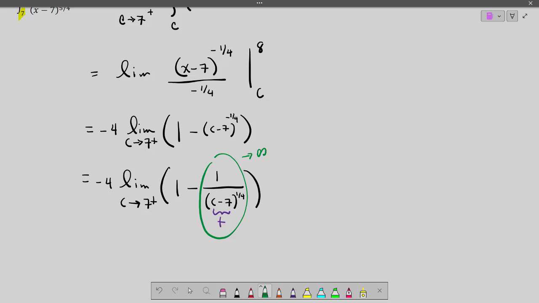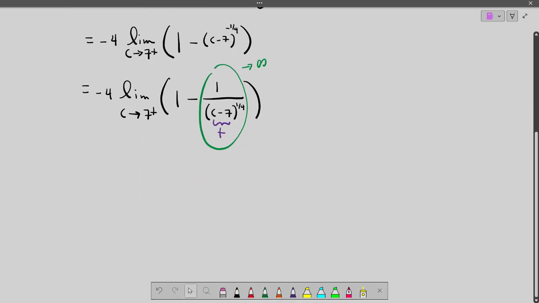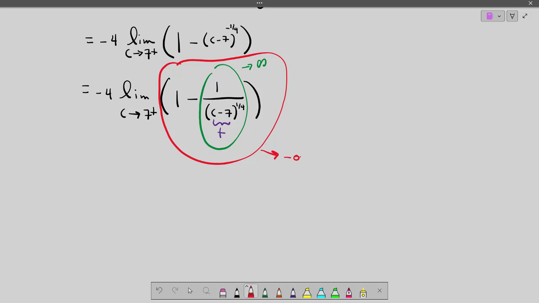But 1 minus infinity is negative infinity. So this piece right here is going to go towards negative infinity. But then if this is going to negative infinity and this is a negative 4 out in front, the overall limit is, well, negative times negative will bring us back to positive infinity. So again, this one will diverge.